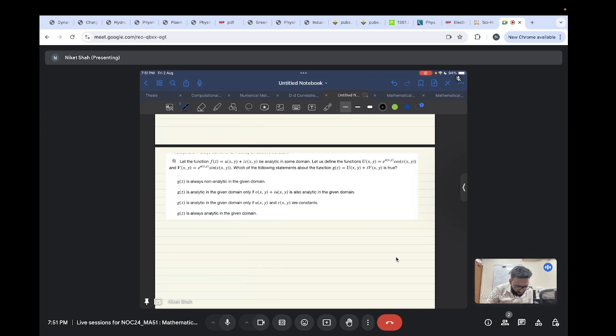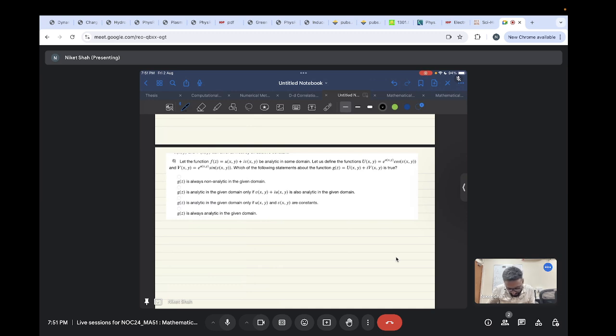Let us define the functions capital U equal to e raised to power u of x comma y cos v of x comma y, and capital V as e raised to power u of x comma y sin v of x comma y. Which of the following statements about the function g of z, which is capital U plus i into capital V, is true?